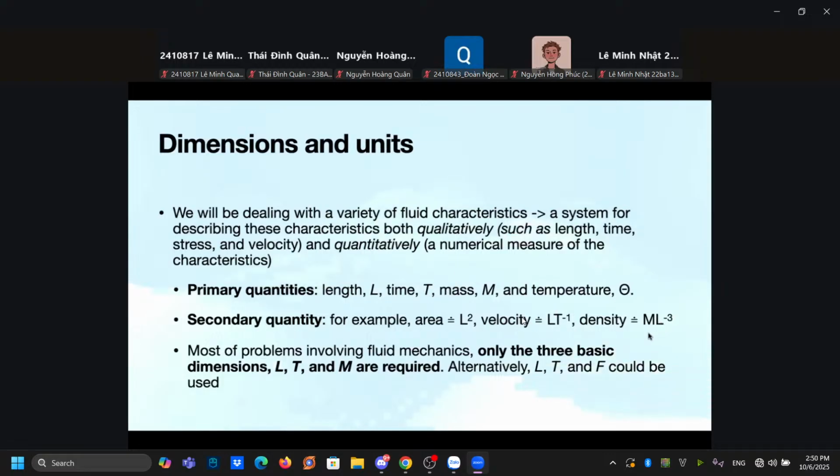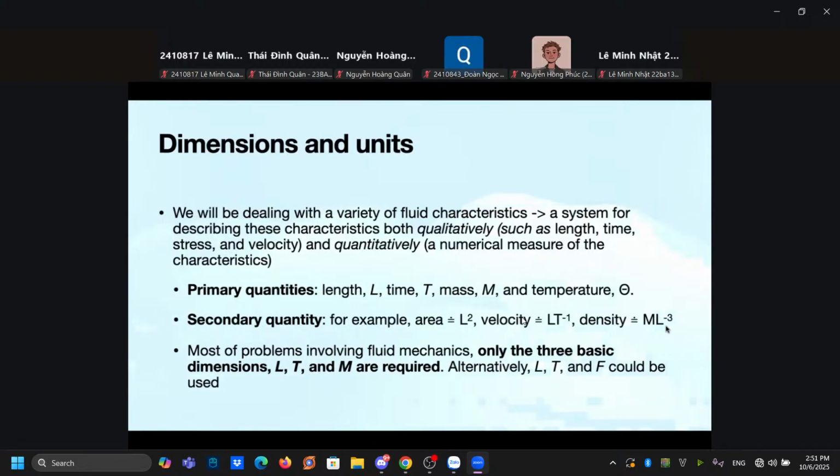Volume is length multiplied by length multiplied by length: we have the height, the width, and the length. So we have L cubed, and M divided by L cubed is M multiplied by L to the power minus 3.